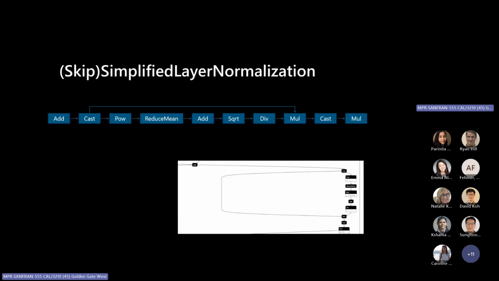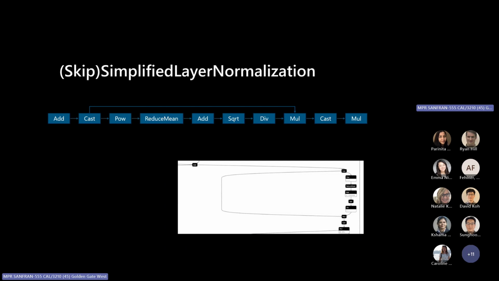The graph on the right you see is what it looks like in ONNX originally. And I've rewritten it here at the top for you. So there's an add, a cast node, a bunch of other nodes, a cast, and a multiply. And the first thing we like to remove are cast nodes because during export, these cast nodes kind of get inserted for protection purposes and accuracy purposes.